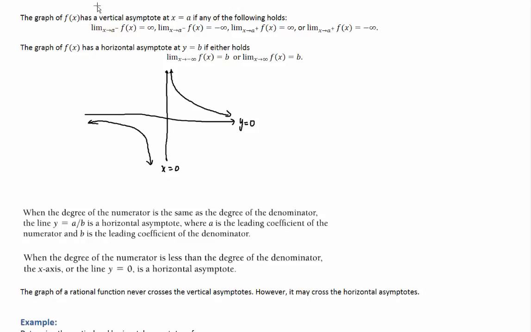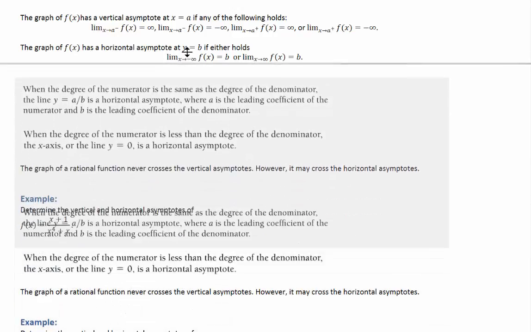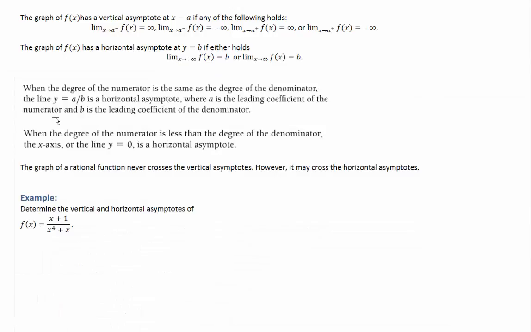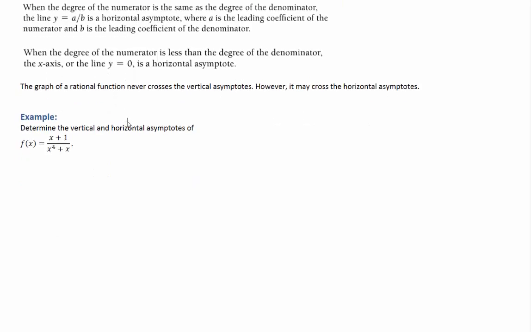So the typical example for this type of problem will ask us to find the vertical and horizontal asymptotes of a function. Let's look at an example. I have a little bit of a summary right here, but I'm going to talk about it in the next few examples. This is just for rational functions, a good rule of thumb.